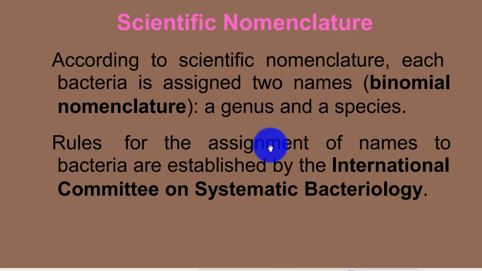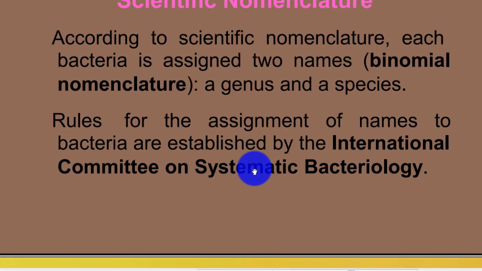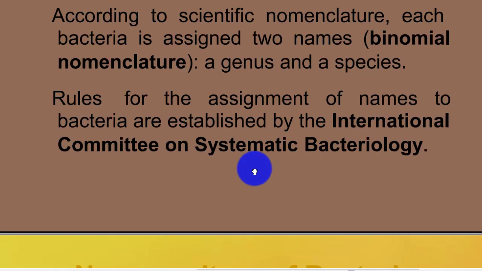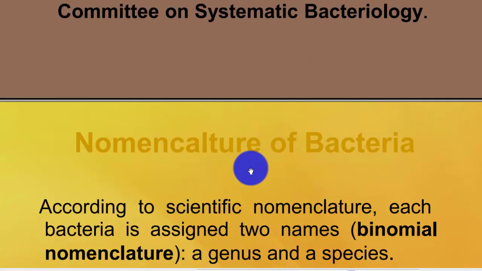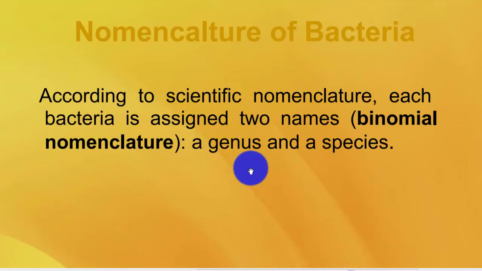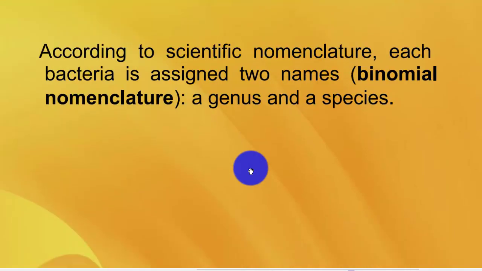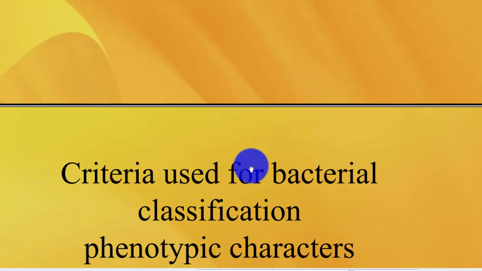Other languages change as language changes. The dictionaries are renewed every 10 years, every 5 years. The Latin is not a changing language. We use it in the nomenclature. Laws for the assignment of names to bacteria are established by the International Committee on Systematic Bacteriology. Each bacterium is assigned two names: binomial nomenclature, a genus and a species.